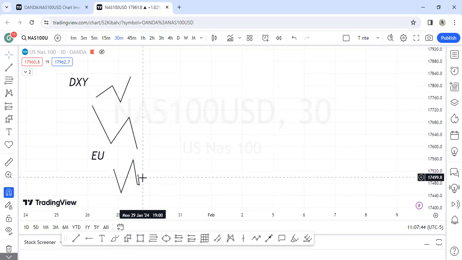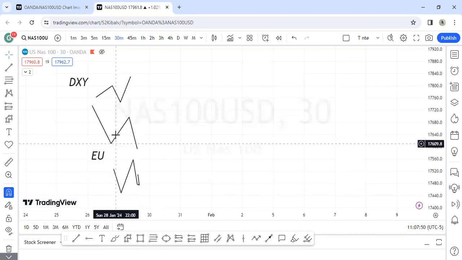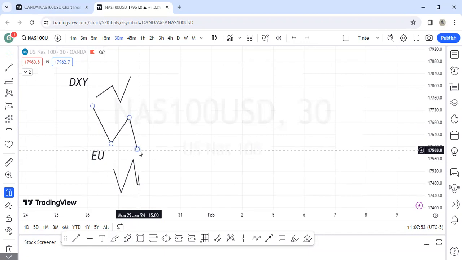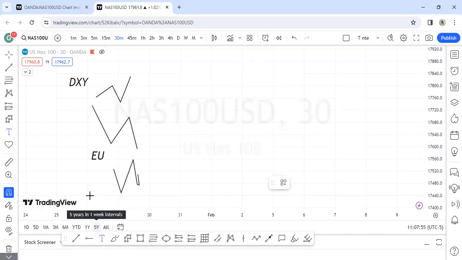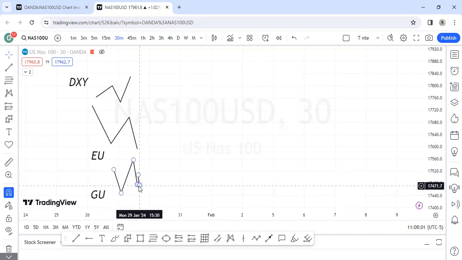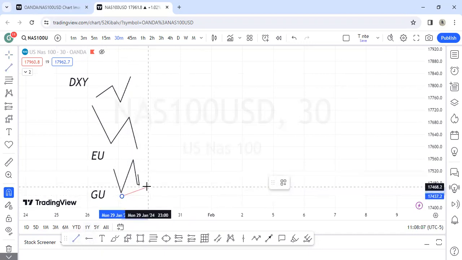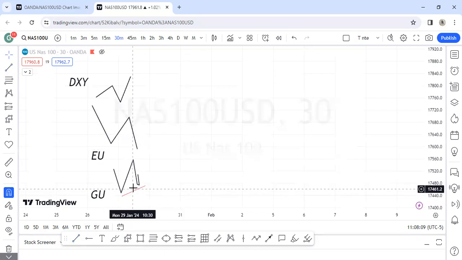Remember what I told you, that DXY and EU are opposite, while GU and EU are the same. So now DXY has made a high, that means EU should make a low. And now you notice that GU did not make any low. So that simply means that there is bullishness in GU, because GU is weak, it cannot go down. Notice that there's a failure to make a low here.